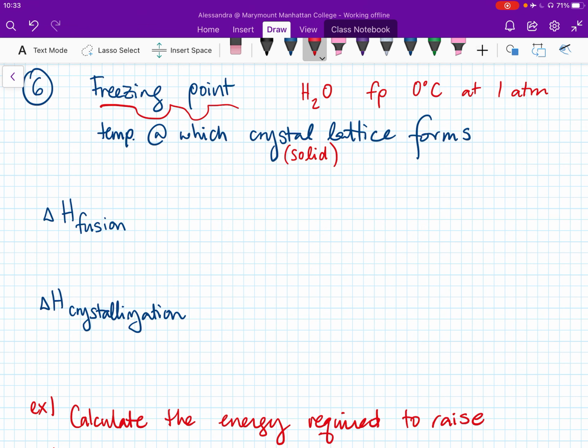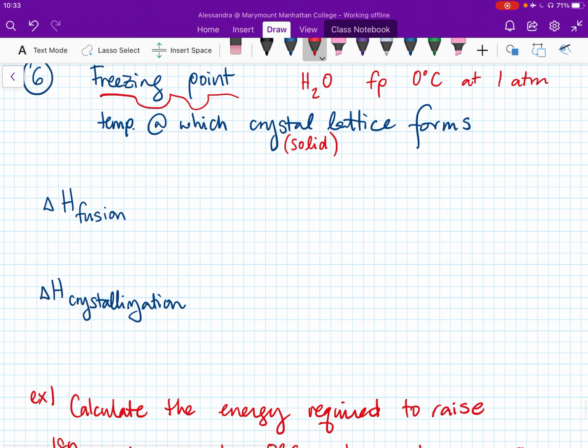Now, there are a few thermodynamic definitions we should cover. I always find these confusing because of the names of them. There's the heat of fusion and the heat of crystallization. So the heat of crystallization is the one that makes more sense to me, so I'll actually start with that one. The heat of crystallization involves the transition from liquid to solid.